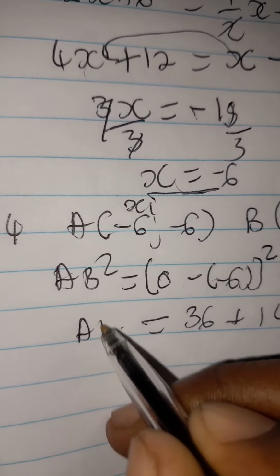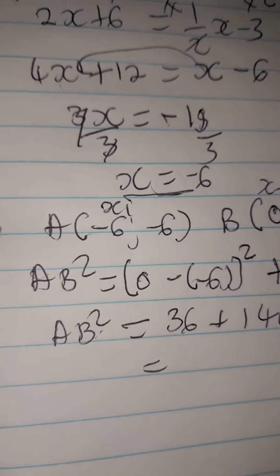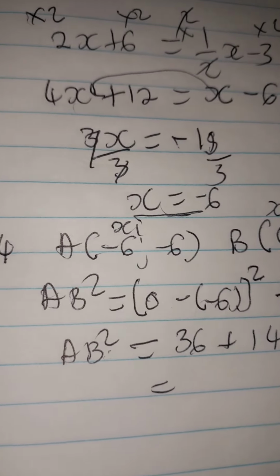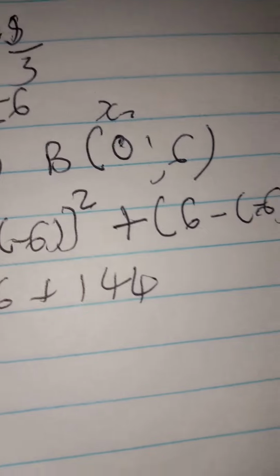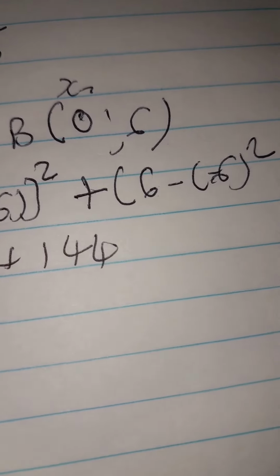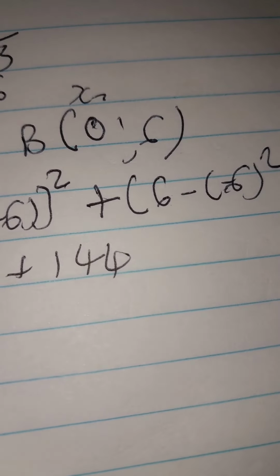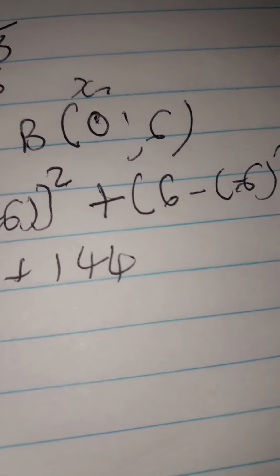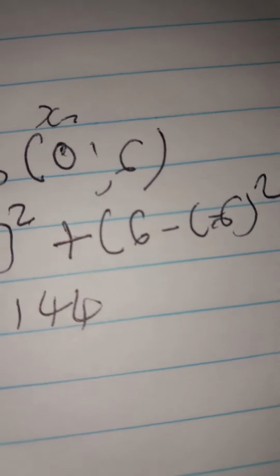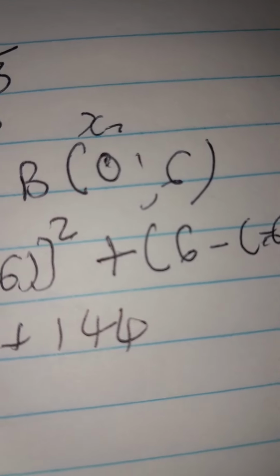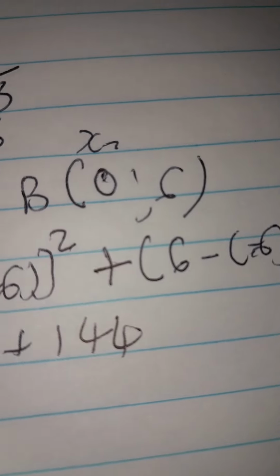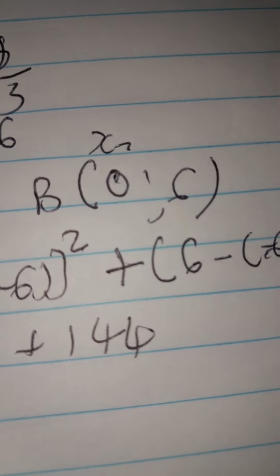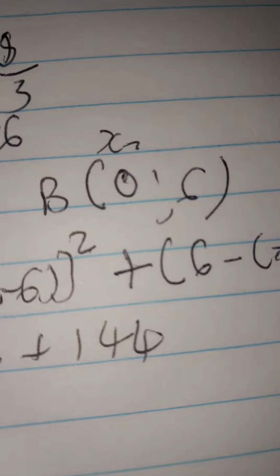So in this case, we are going to have 36 plus 144. That will be 180, guys. So finding the square root of 180, you can punch your calculator there, it's going to be 6 root 5.